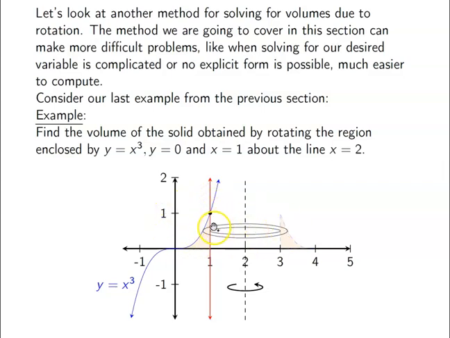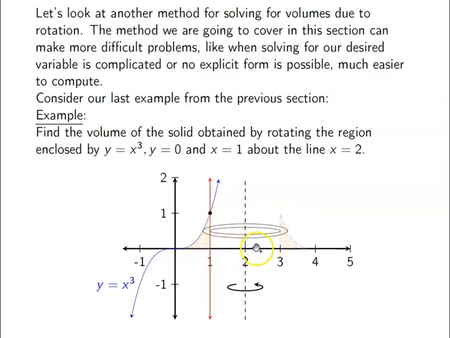But this was fairly difficult to set up, right? Especially when we're trying to find the formula for the radius, especially the outer radius. I think that is not very intuitive for students or anybody who is doing this for the first time or the first time in a long time. It's hard to think of that.